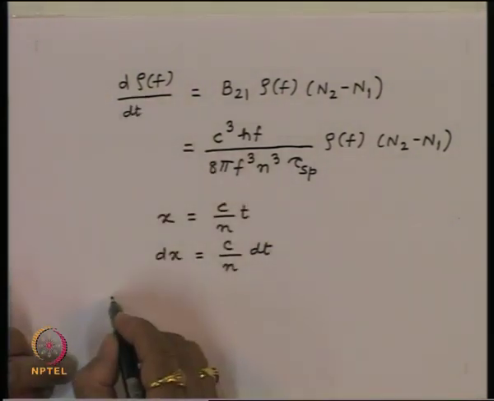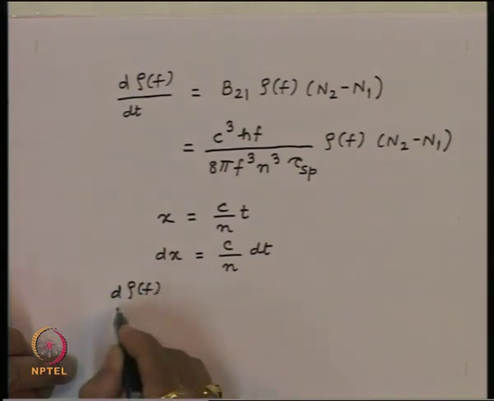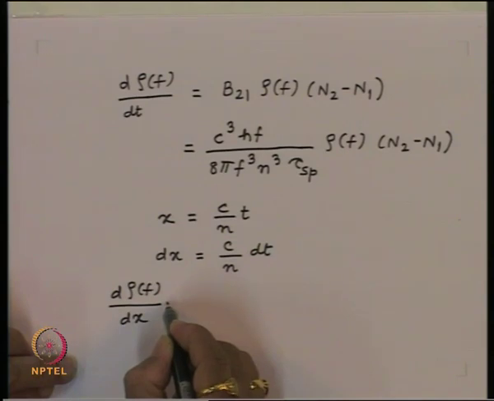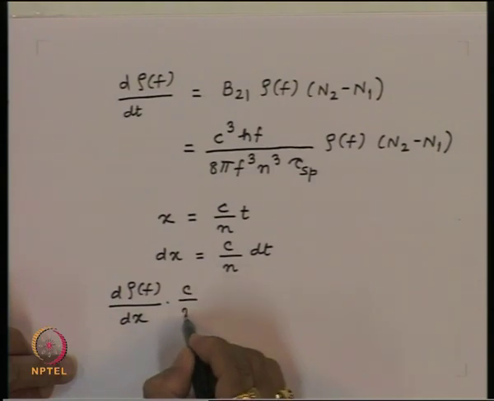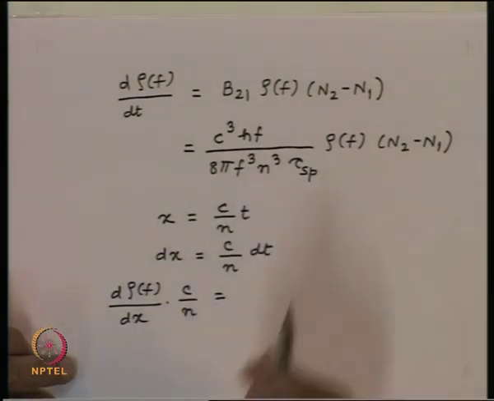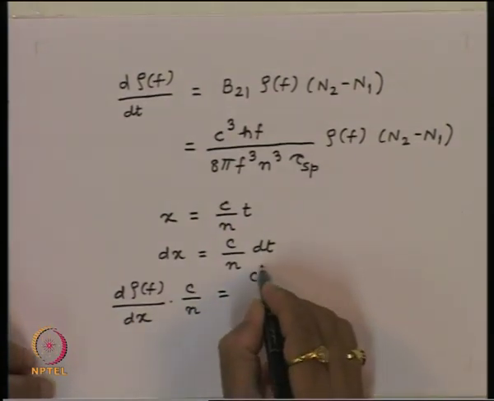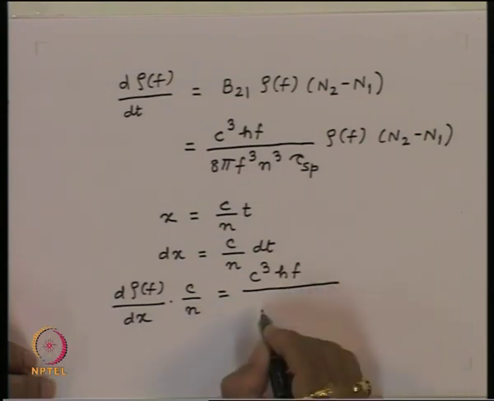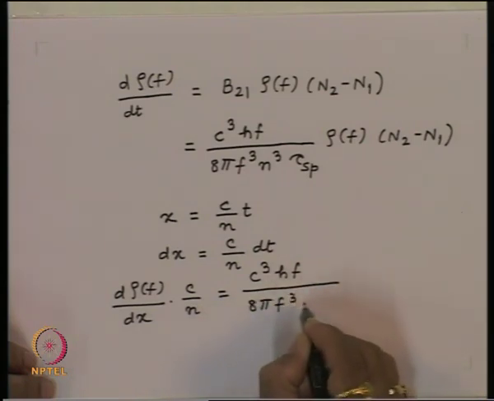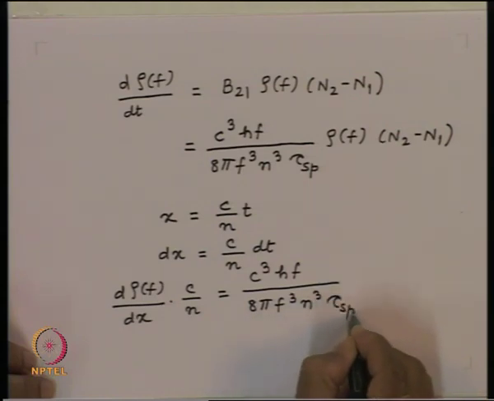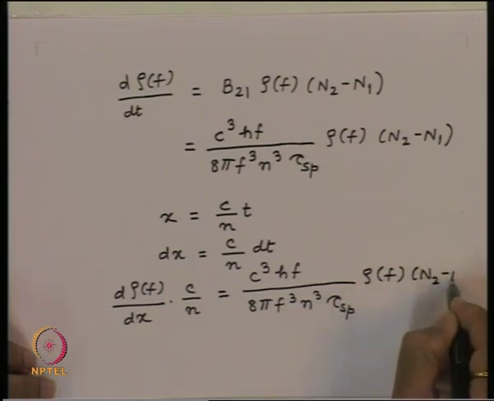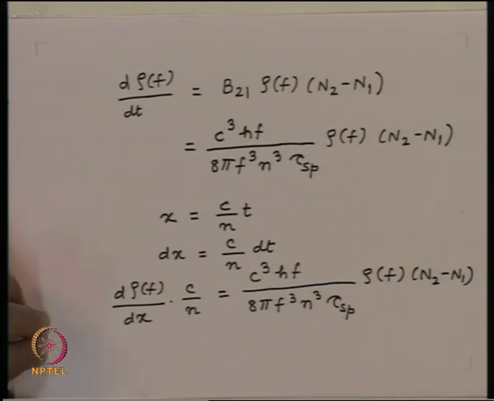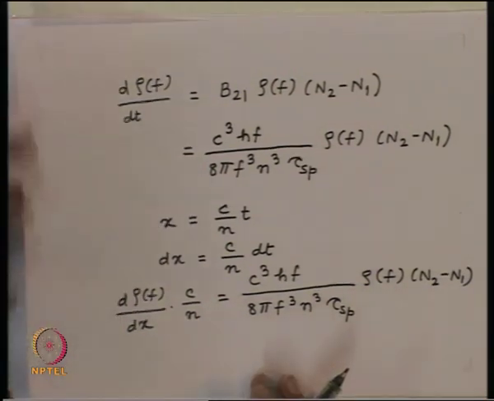So, we can write this quantity here, which is d rho f by dx into dx by dt, which is c by n, that is equal to this quantity here: c cube h of f divided by 8 pi f cube n cube tau spontaneous, rho of f into N2 minus N1. The c by n will cancel with that.